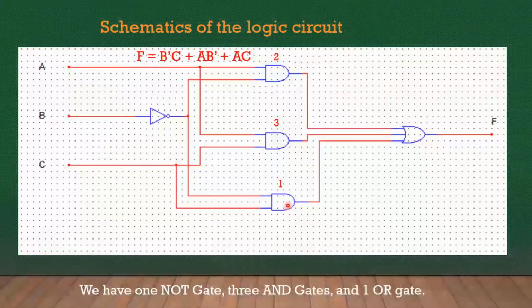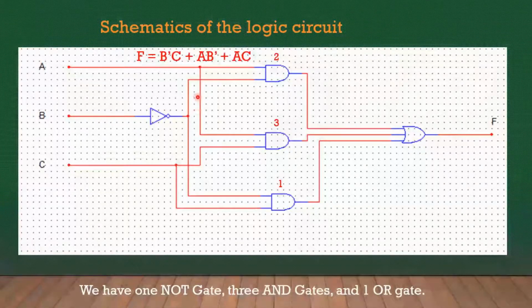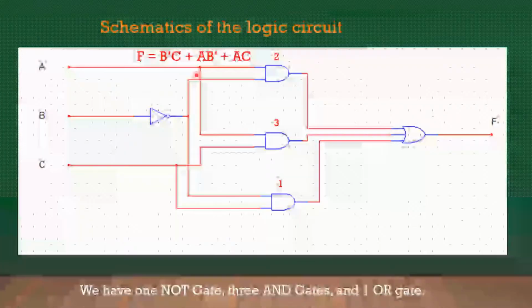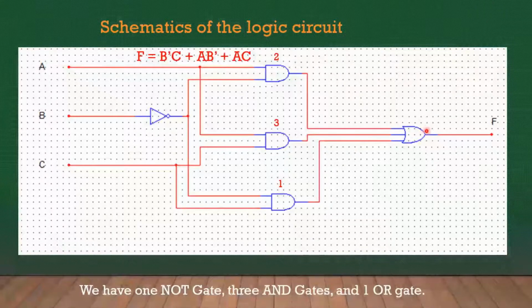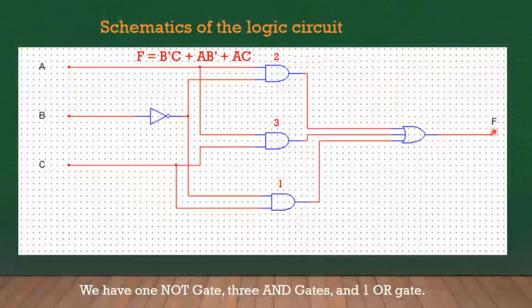For gate 2, A and B naught. For gate 3, A and C. All these gates are combined into an OR gate. Their output goes to the OR gate, and that gives the whole output F.